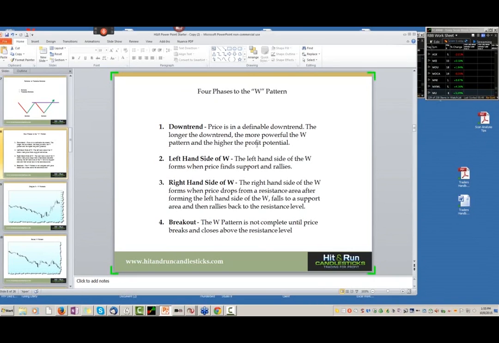The longer the downtrend, the more powerful the W pattern, and the higher the profit potential. Remember, I mentioned that when you have, I'll just draw right here, when you have a big downdraft, and then the double W pattern forms, and you start coming through that resistance right there, when you break out, this could be profit potential.